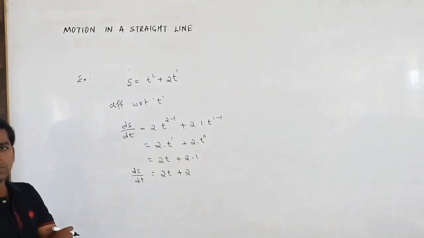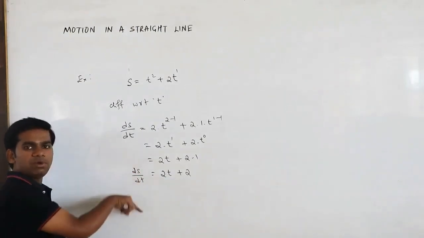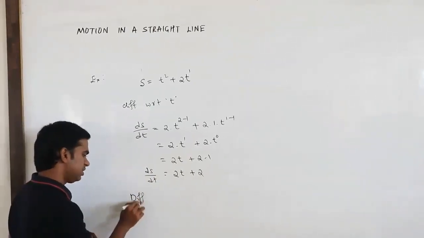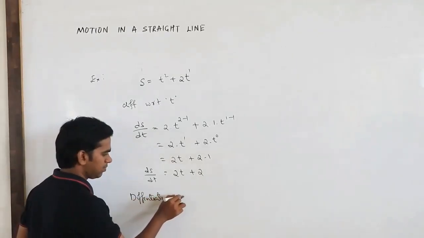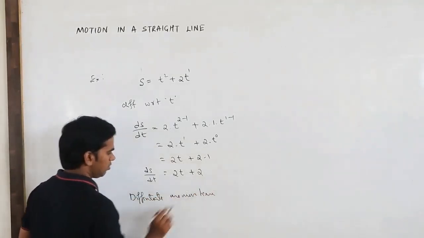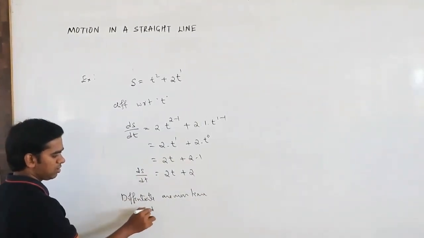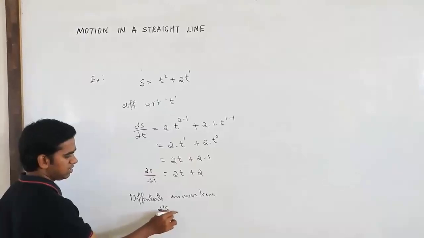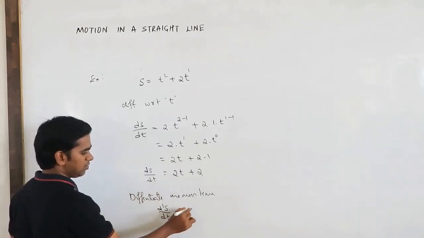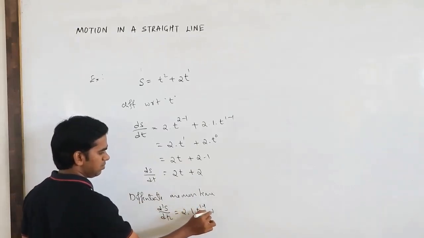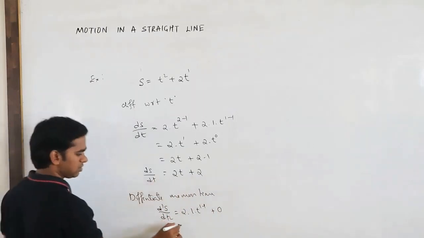Okay. So if you want, I will differentiate this one more time. If you differentiate this one more time, it will become d square s by dt square equals 2, as it is, differentiation of t raised to 1: 1 into t raised to 1 minus 1, plus differentiation of constant is 0, because 2 is constant.